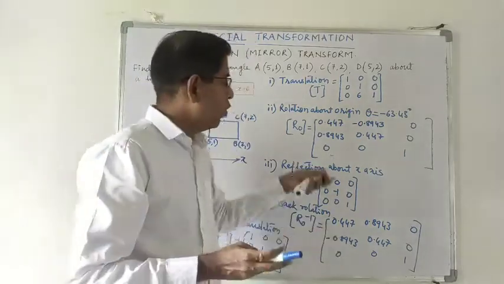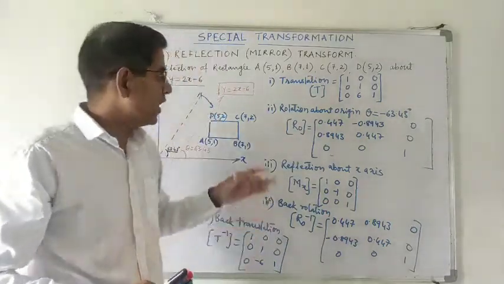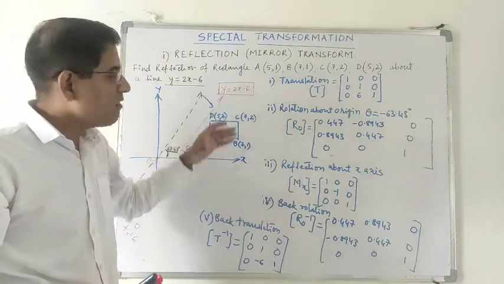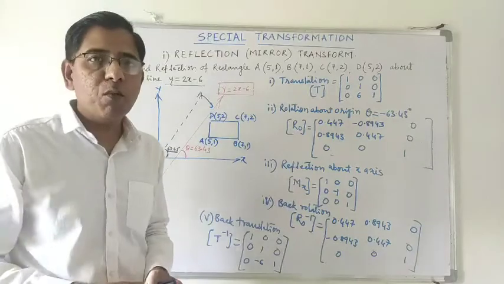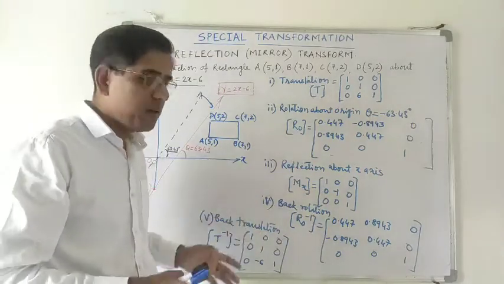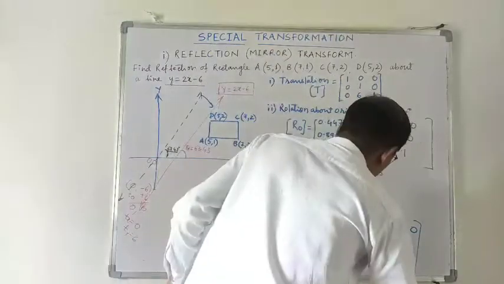Okay, so these are the series of transformations that are to be carried out for taking a reflection about a line y equal to 2x minus 6. Now you obtain the total transformation matrix by multiplying all the 5 matrices in correct sequence.